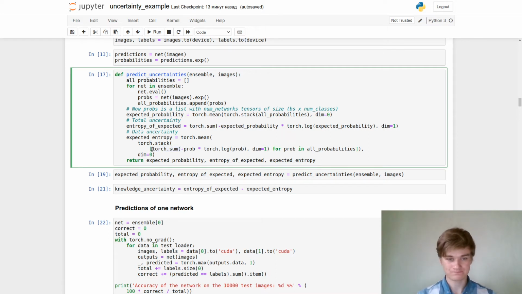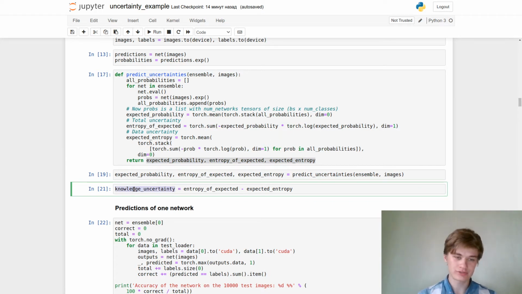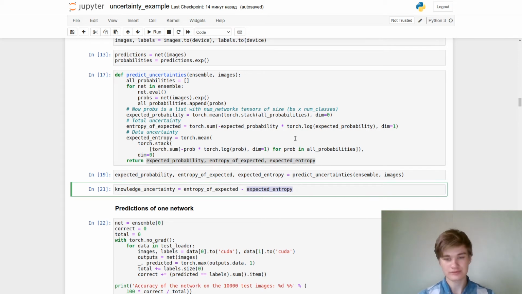So we take here sum of minus prob multiplied by logarithm of prob by some dimension, where prob is prediction of one model in the ensemble. We return all this, and we can calculate knowledge uncertainty as the difference between entropy of expected and expected entropy after we apply this predict uncertainties function.